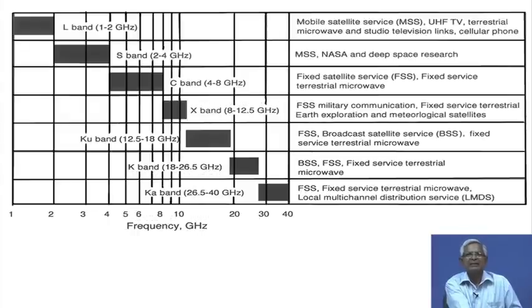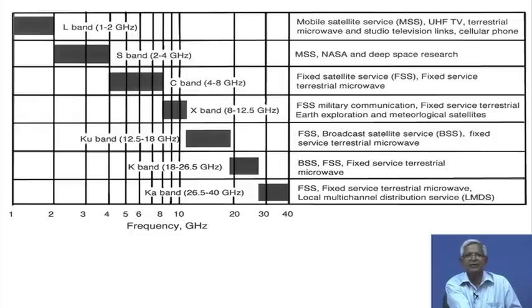And the bands, in very common general terms, used for satellite communication are L band, which is 1 to 2 gigahertz, S band 2 to 4 gigahertz, C band 4 to 8 gigahertz. Particularly what we see in our regular daily life is direct to home television, cable TV, as well as the VSAT communication, which is in Ku band 12.5 to 18 gigahertz, that is for FSS fixed satellite service and broadcast satellite service.